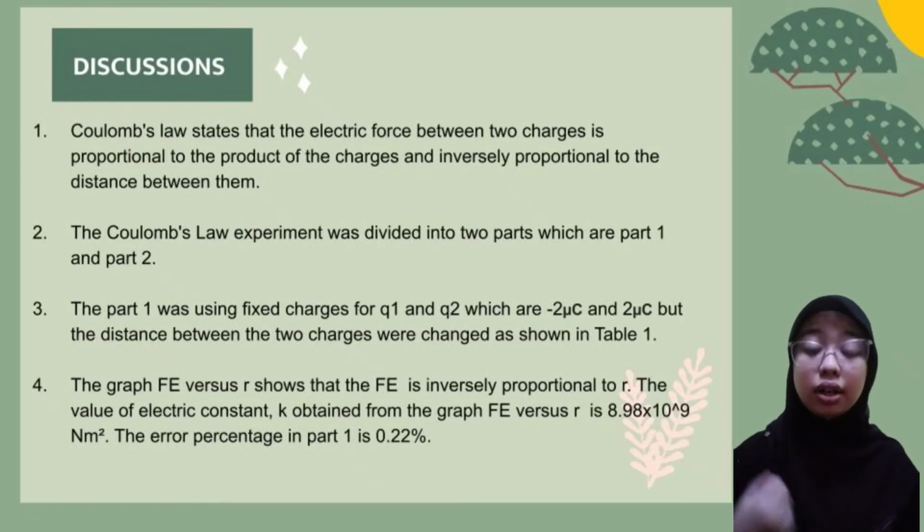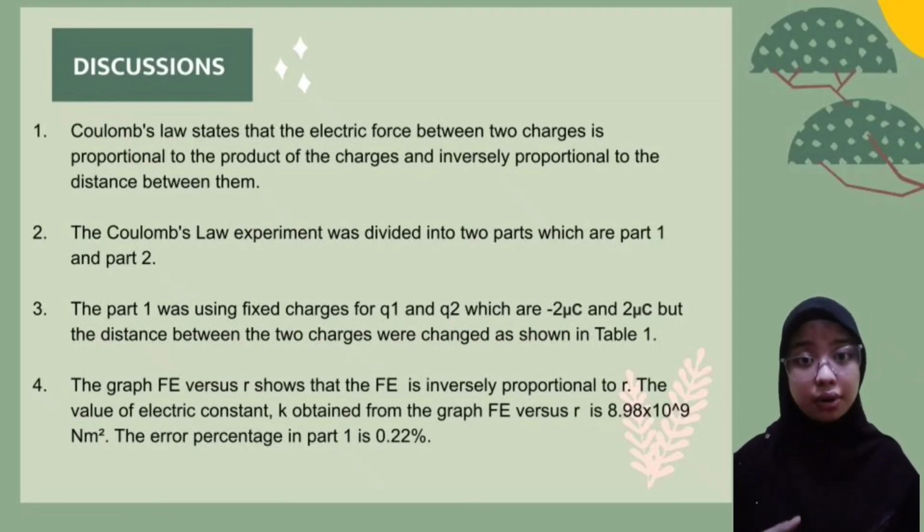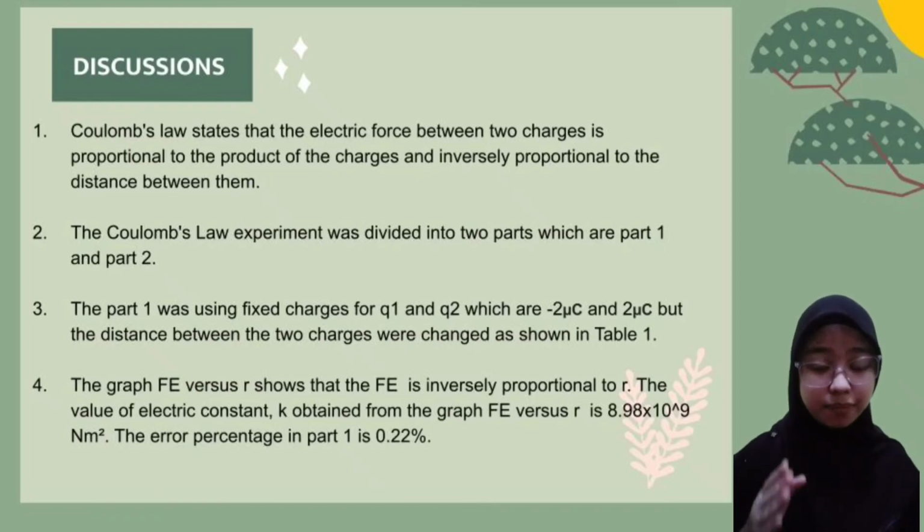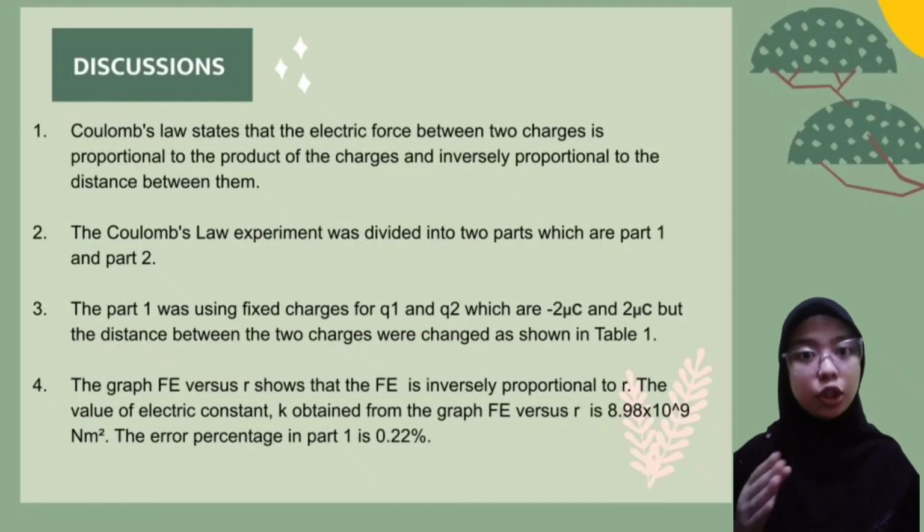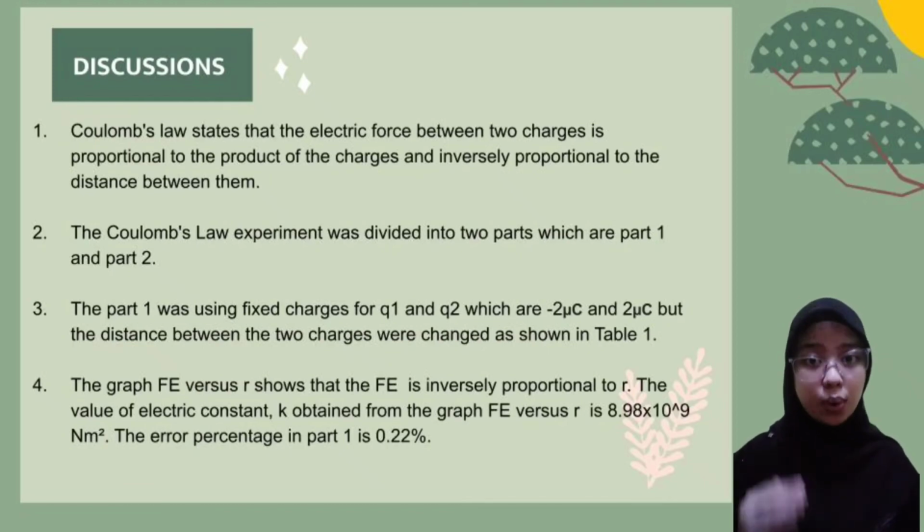Fourth, the graph that has been obtained from part 1 shows that the Fe is inversely proportional to R. The value of electric constant K obtained from the graph through the formula Fe equals K multiplied with Q1 and Q2 divided by R squared is 8.98 multiplied with 10 to the power of 2 Newton meter squared.